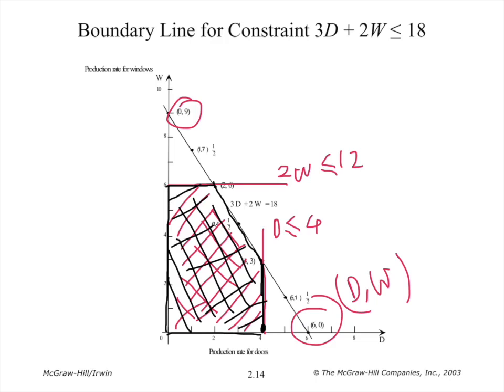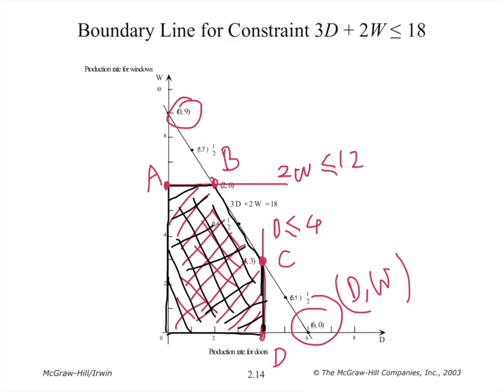From this area, you know about the potential solution. Where is the point of the potential solution? You can find this point A, this point B, this point C, and this point D. Okay.